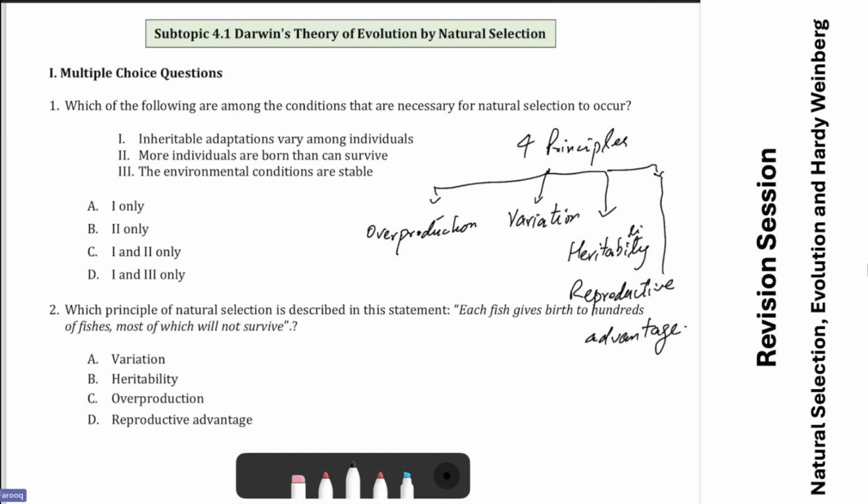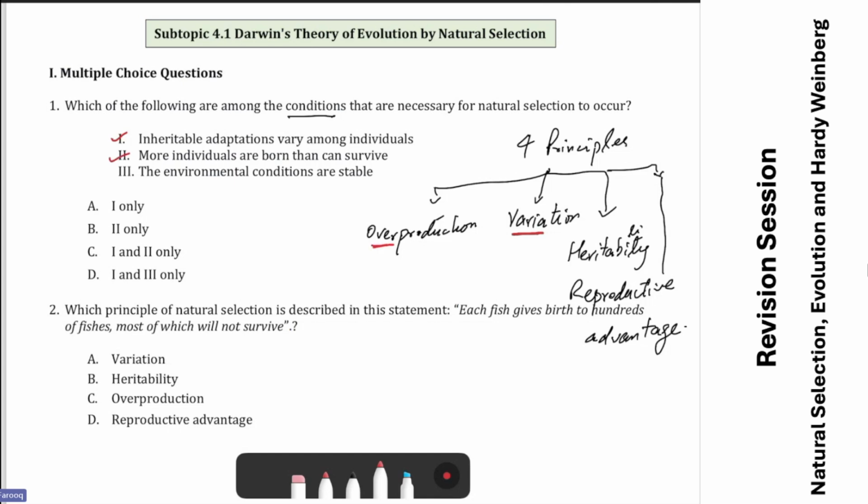In this question, they ask which of the following are among the conditions that are necessary for natural selection to occur. So conditions are right away next to you. Number 1, it says inheritable adaptations vary among individuals. So this is variation. Yes, this is required. More individuals are born than they can survive. That is overproduction.